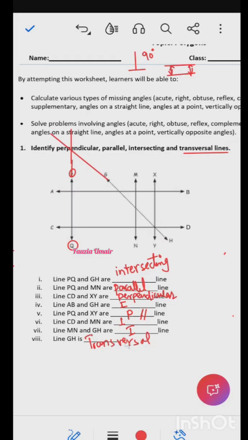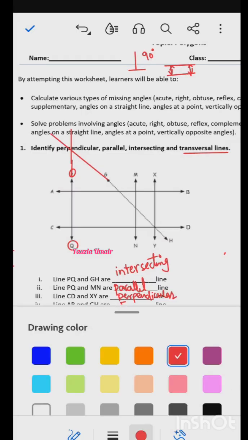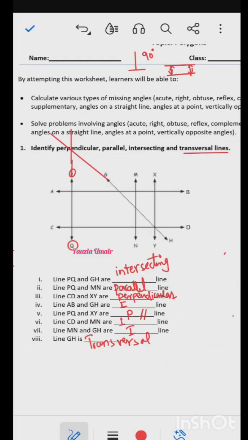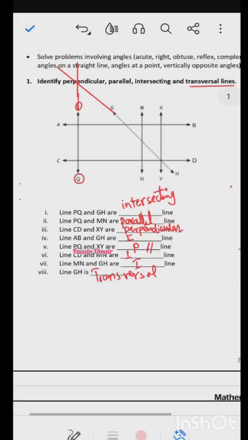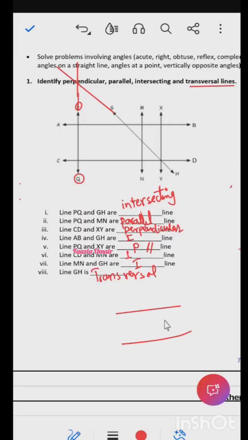Transversal is basically, because they have asked you, I should explain it to you. A transversal is a set of three lines. If two lines are parallel to each other and there is a third line diagonally crossing them, like this, this formation is called transversal.